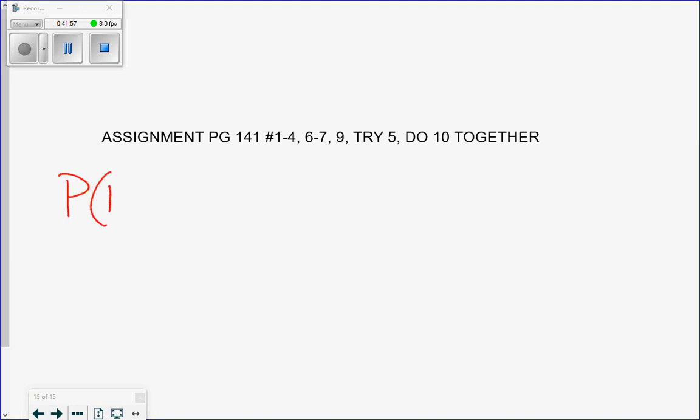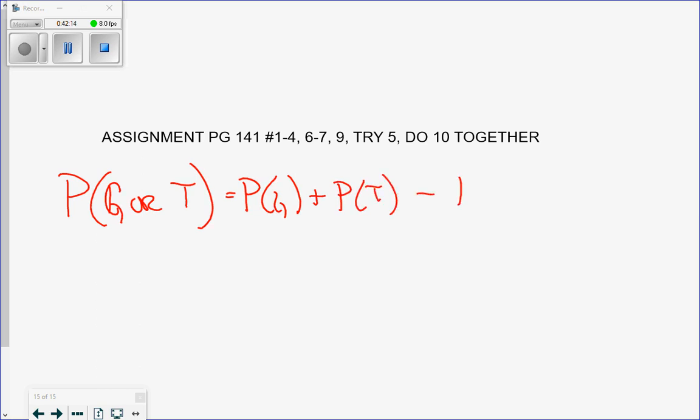If we're talking about what sports he is doing, golf and tennis, so golf or tennis, that's what we have to deal with. So that would be the probability of golf plus the probability of tennis minus the probability of the overlap. And overlap is golf and tennis, right?